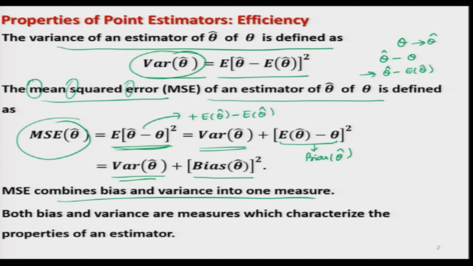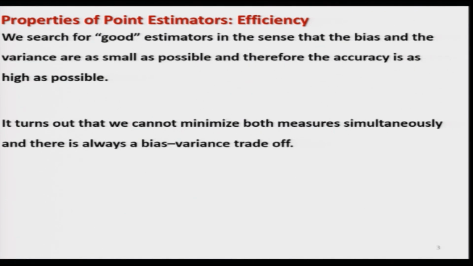And you know that bias and variance both are properties of an estimator that characterize the estimator. Now, we are going to call any estimator a good estimator whose bias should be as small as possible and the variability or the variance should be as small as possible.